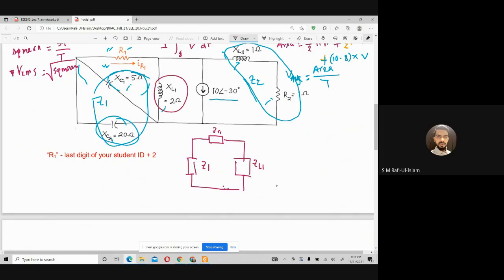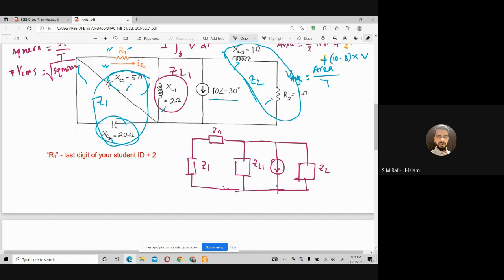ZL1 is this ZL1, and there was a current source. Whatever the current source, we will keep it. And here the direction is downward. Thank you for telling me. The direction is downward. Let's say this is Z2.